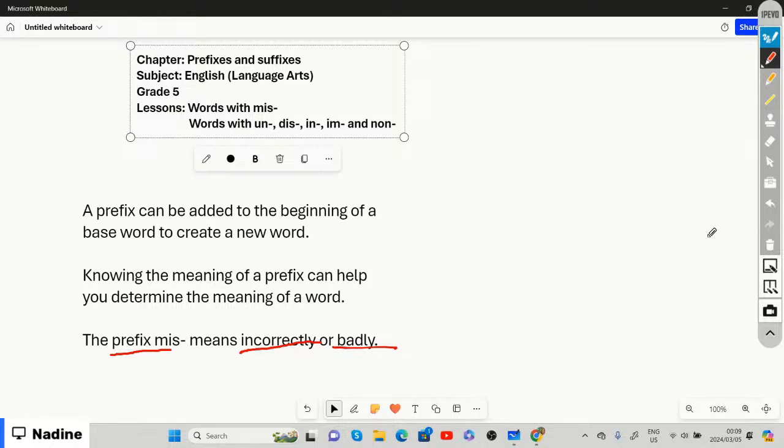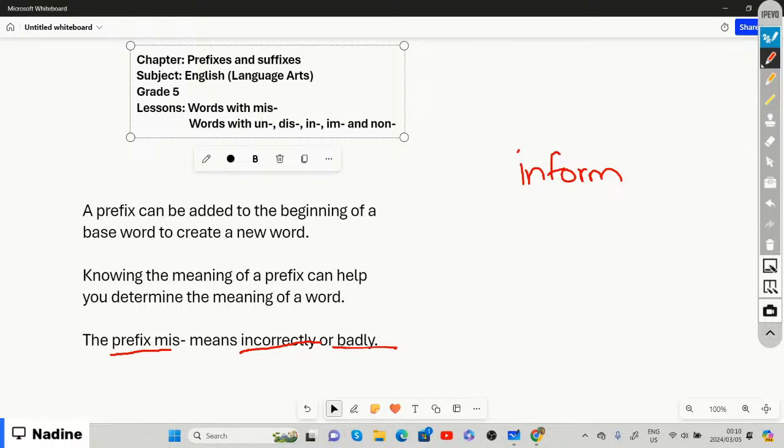For example, if we have a word like inform, that is like me telling you, okay, I'm informing you that I will be taking a day's leave. Inform is something good.